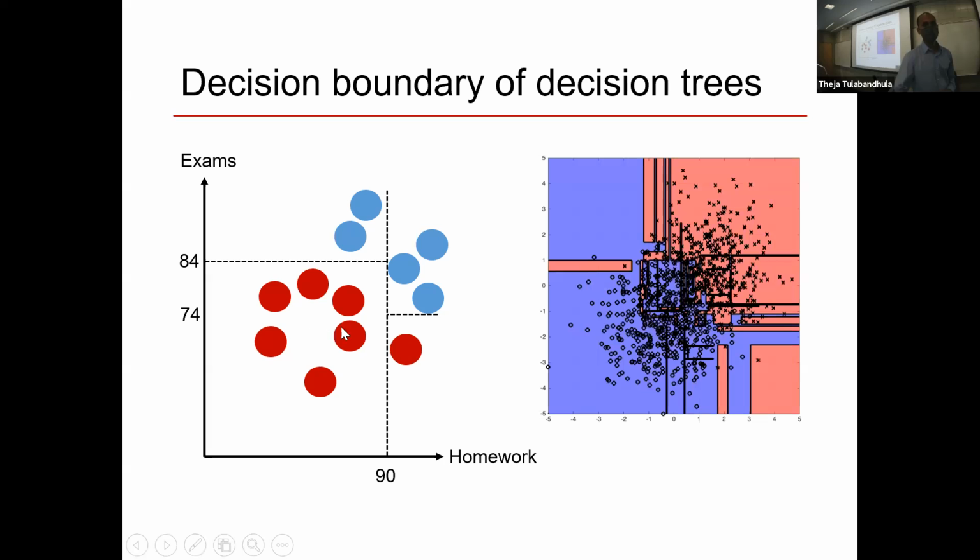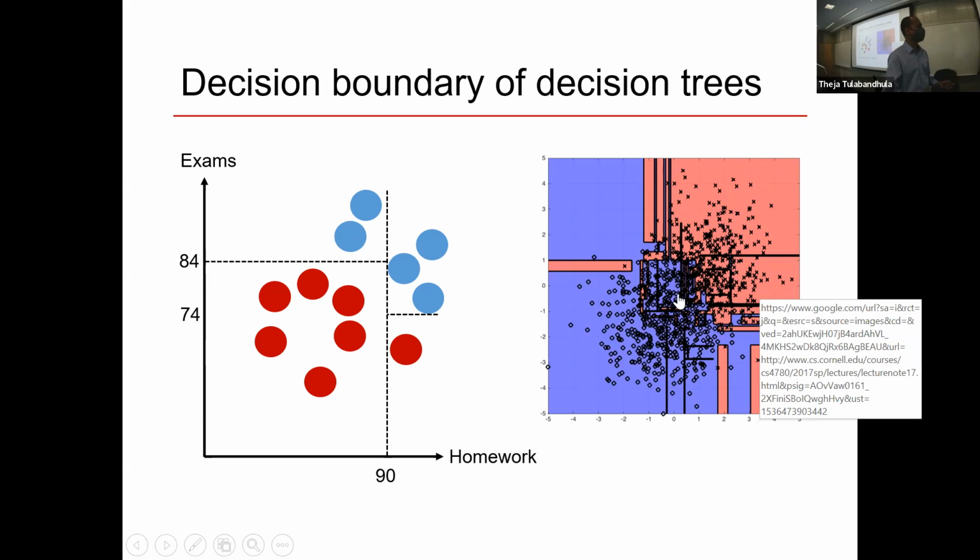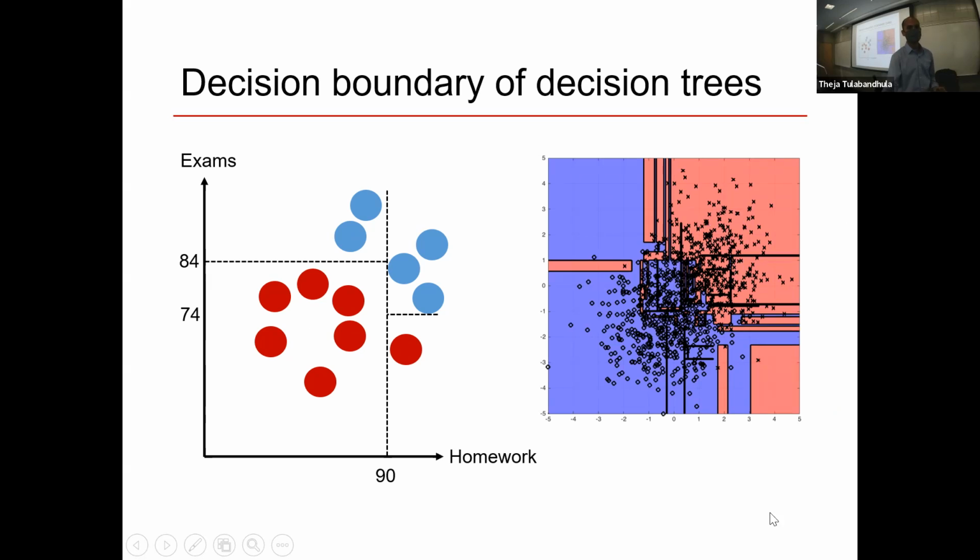Okay, so you can see here, this is just synthetic data, but you can see how much splitting has happened, right? So this is one artifact of using decision trees. You could have a very messy decision boundary.